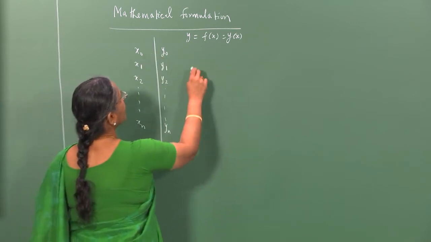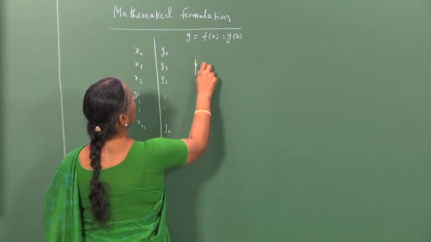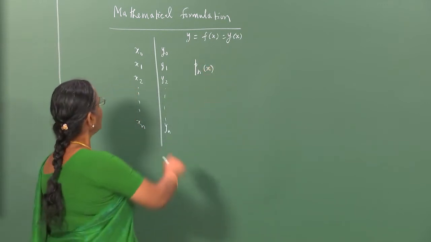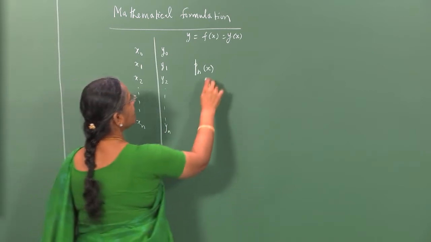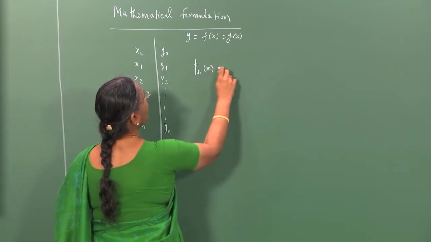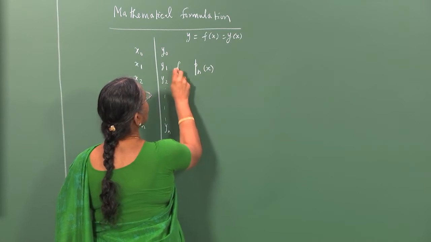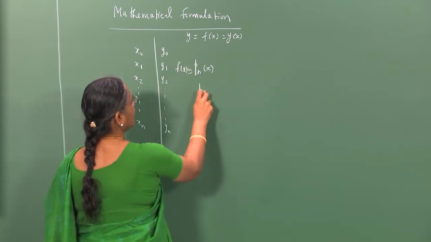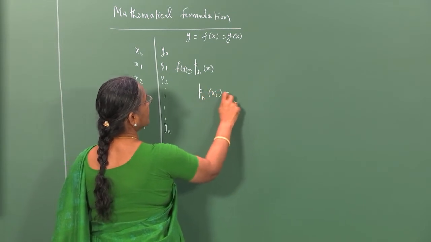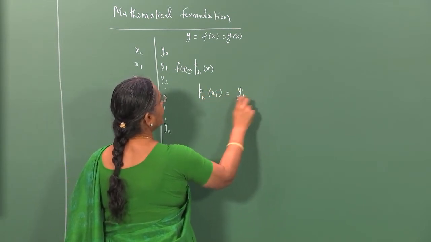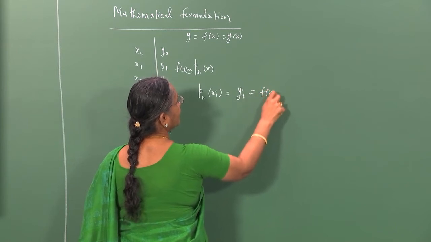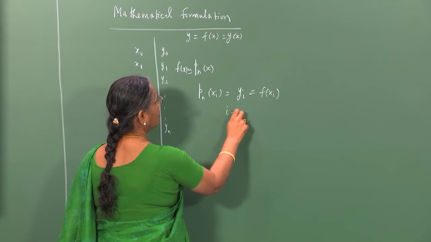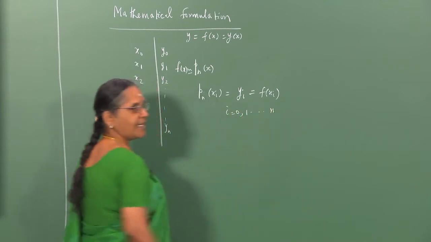So, we seek a polynomial say of degree at most n passing through these n plus 1 points such that pn of x approximates the function f of x such that pn takes values yi, namely f of xi at the points xi for i equal to 0, 1, 2, 3, etc., n.